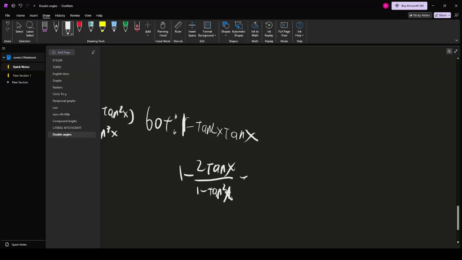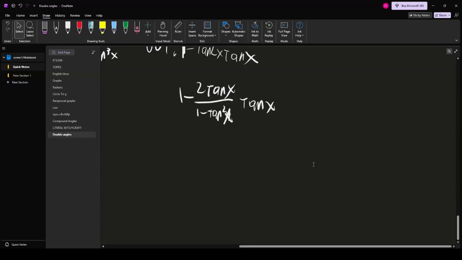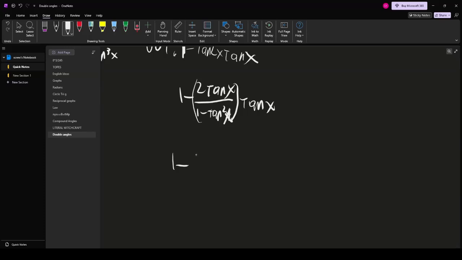So now, remember your BEDMAS, right? Multiplication goes before subtraction. So we're going to multiply these two together. Tan x with this. So now we get 2 tan squared x over 1 minus tan squared x.